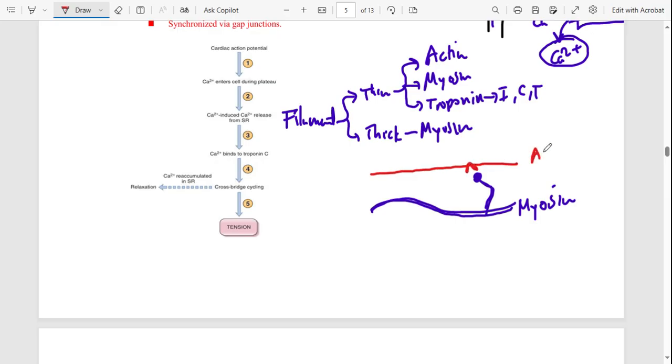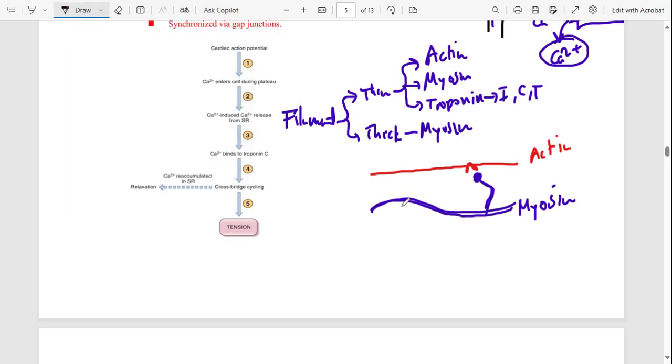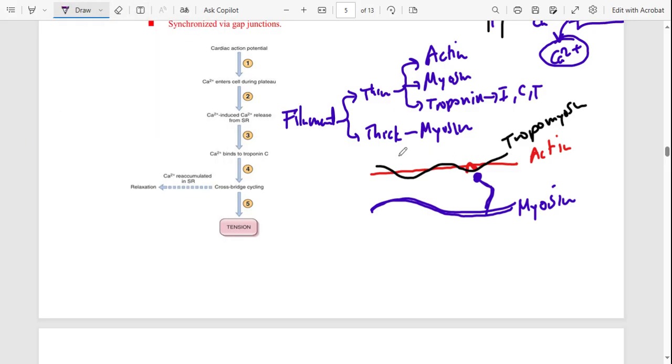This is actin. Now, when contraction is not happening, the site where the head of myosin binds on actin is covered, and it's covered by what we call tropomyosin. Also attached to it is the troponin, the three types of troponin. This is troponin.